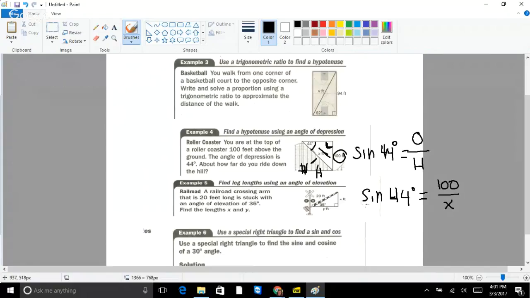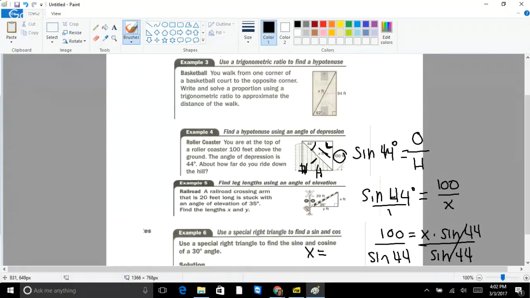So we're going to do, again, cross multiply, right? So we get 100 times the sine of 44 and divide both sides by the sine of 44 because this is just a number. The sine of 44 is just a number. And when we solve that, the sines cross off and we end up with x.